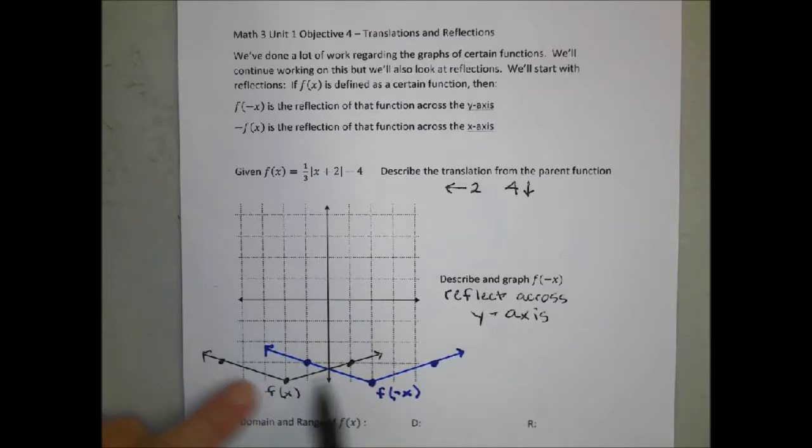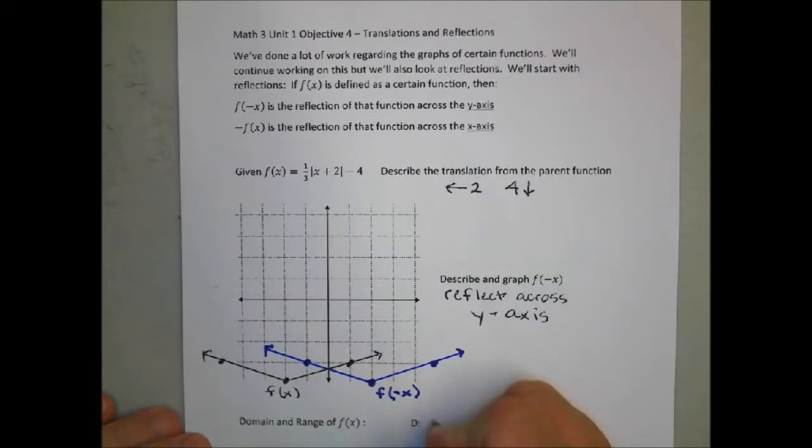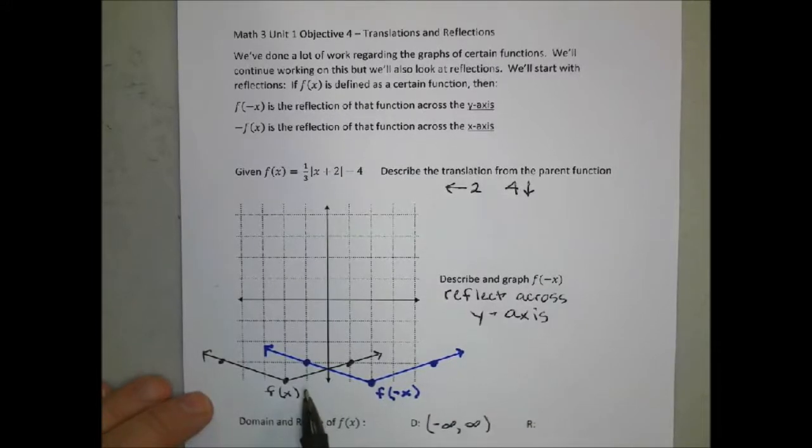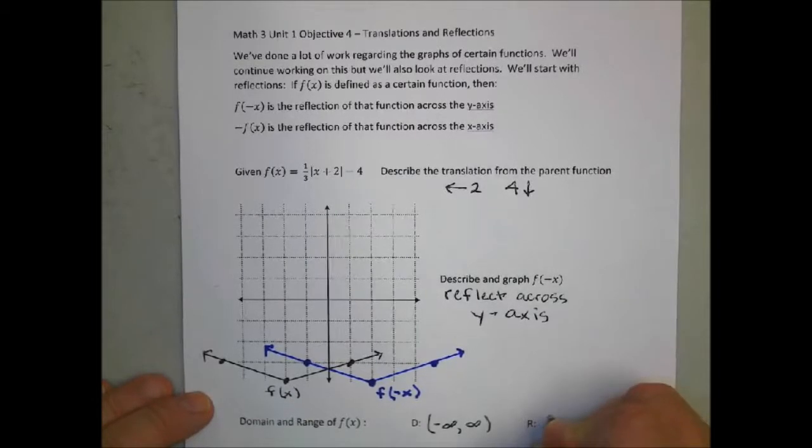The original function's in black. The domain goes all the way to the left, all the way to the right, so negative infinity to positive infinity. Now, this absolute value graph has a minimum point. The lowest point is -4, so the range starts at -4, but it goes up forever and ever, so the high side is positive infinity.